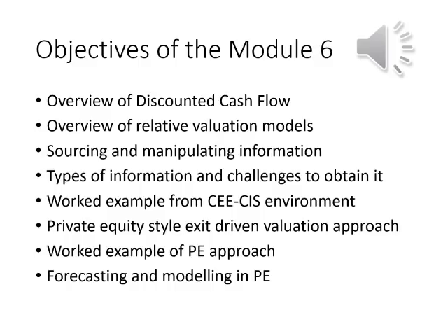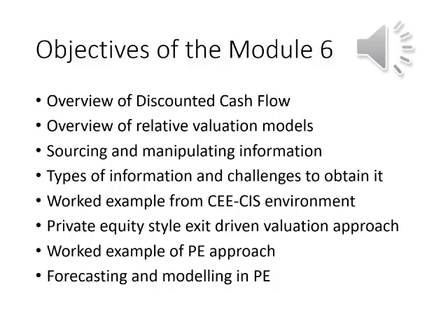The objectives of Module 4 are ambitious. We start with an overview of discounted cash flow. Then we do an overview of relative valuation modeling. We consider how we can source and best manipulate information for the market for the purposes of valuation. We look at the types of information available and the challenges to obtain it.